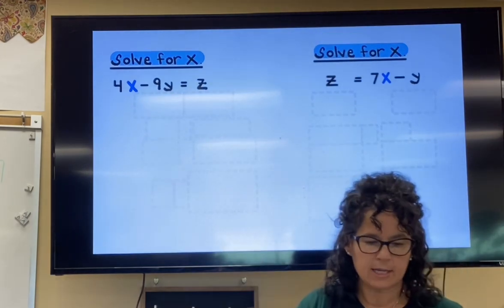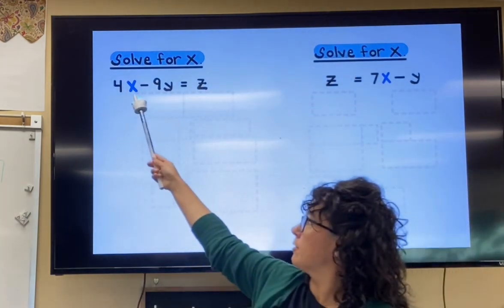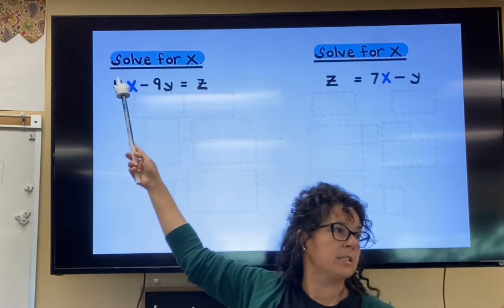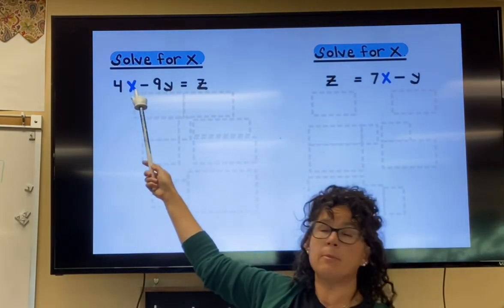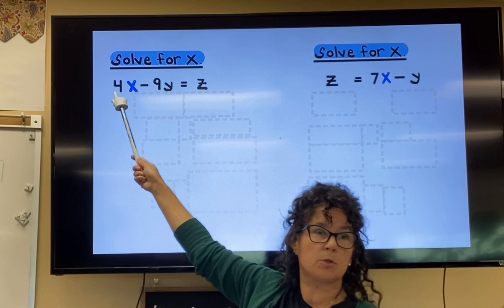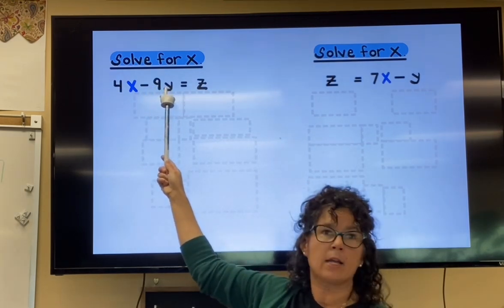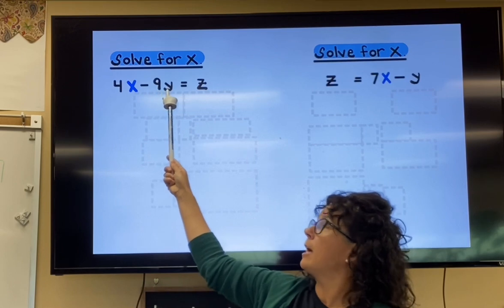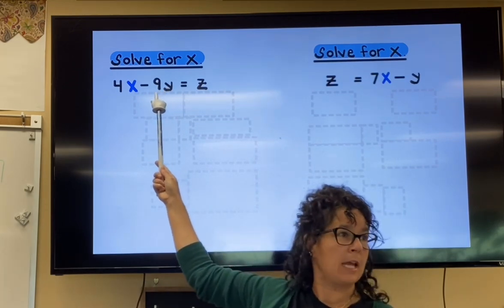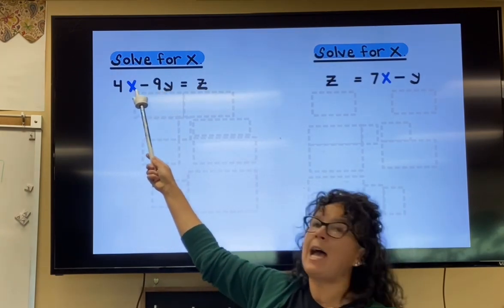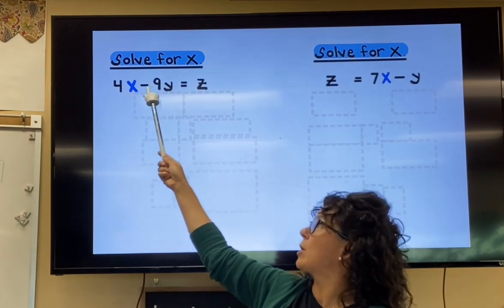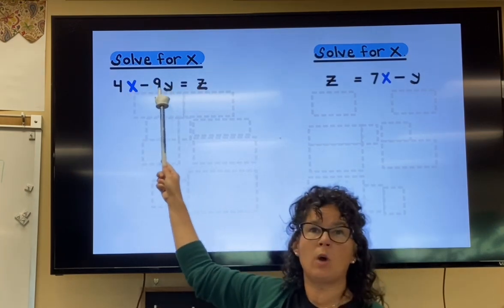If I want to get x by itself, I'm looking to see what is preventing it from being by itself, and it is multiply by 4 and subtract 9y. I know that when you see the 9 next to the y, you're thinking multiplication, but it's what's happening to the x, and it's subtracting the whole thing 9y.